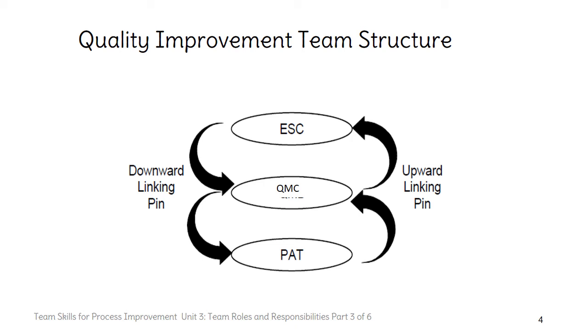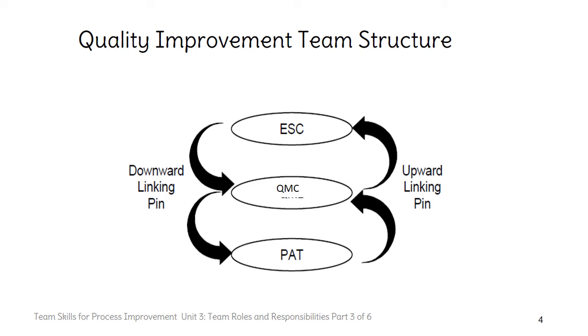2. Upward linking pin. The upward arrow represents the flow of team information back to the chartering group. The team leader usually fulfills the primary role of upward linking pin by reporting results prescribed by the charter.